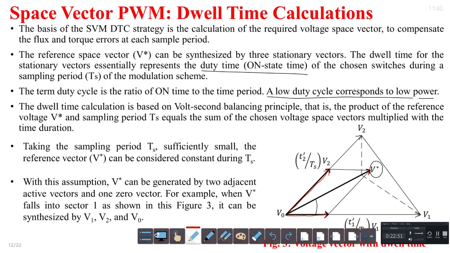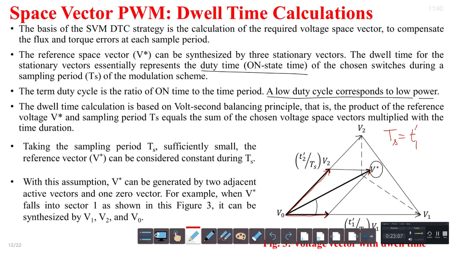So, how is it possible? We consider a sample time Ts. In that sample time Ts, we apply V1 for a time duration T1 dash, not for the entire sample period.